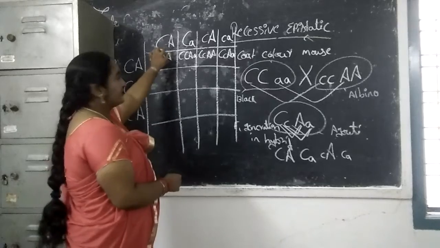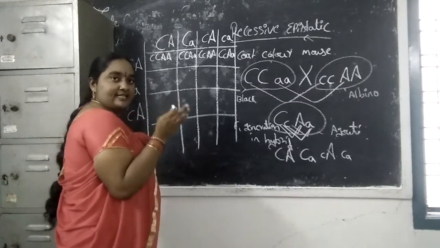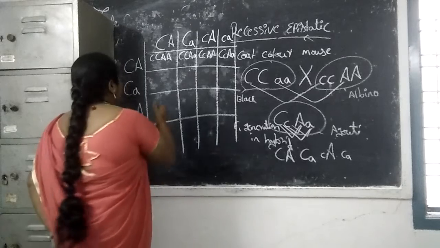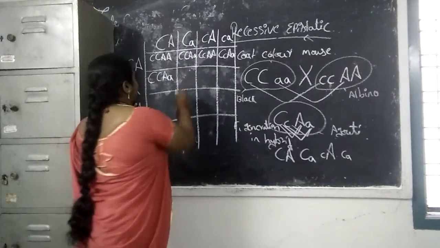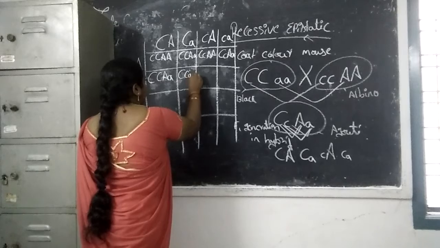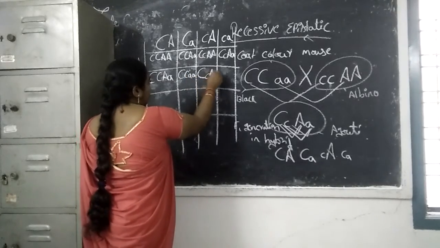So if this is crossed between two genes, as we also discussed in the last class: capital C, capital A, small a; capital C, small a, small a; capital C, small c, capital A, small a.